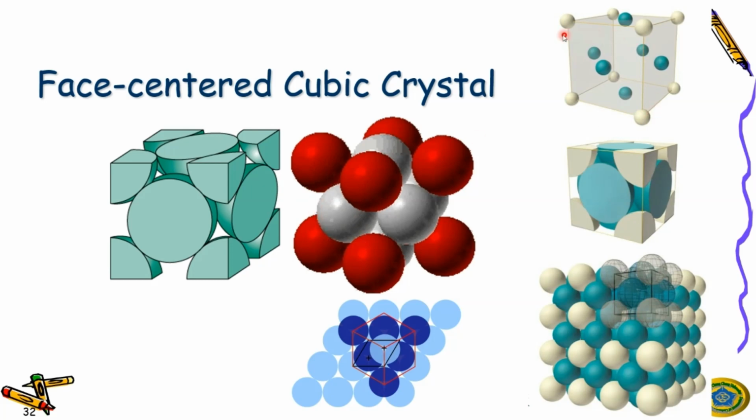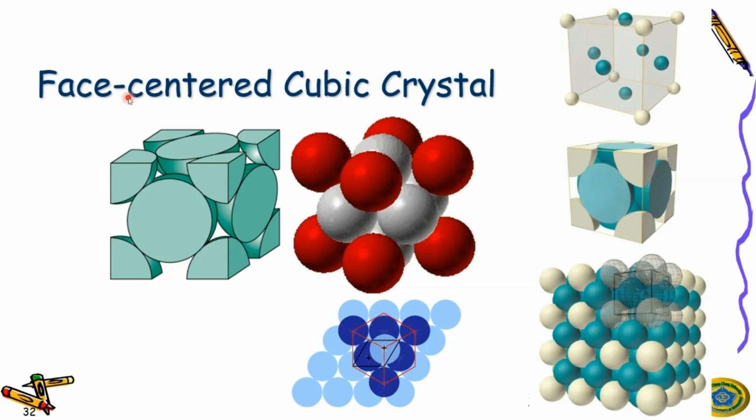So that's why if you use a reduced sphere model to represent this structure, it looks like this. You have 8 atoms in the 8 corners, and you have 6 atoms in the 6 faces. Okay, so this is the half sphere unit cell model of the unit cell.